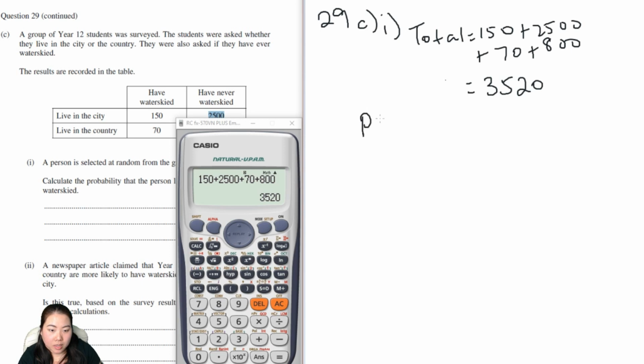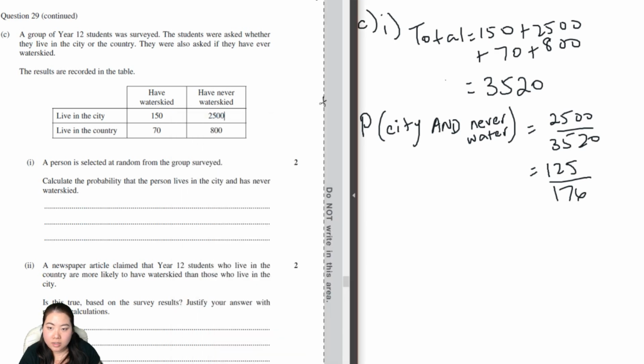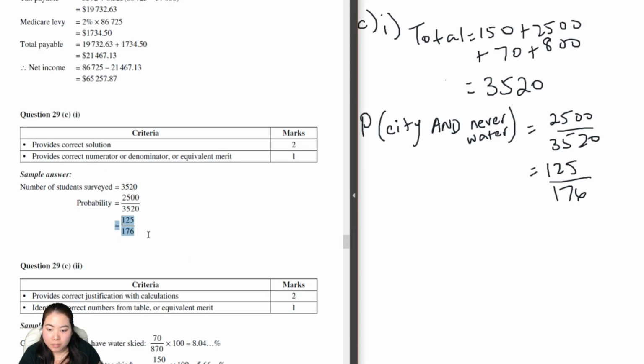The probability of being in the city and never water skied is 2,500 over 3,520. Then you find the simplest fraction, which is 125/176. Let's see the answer. Got it.